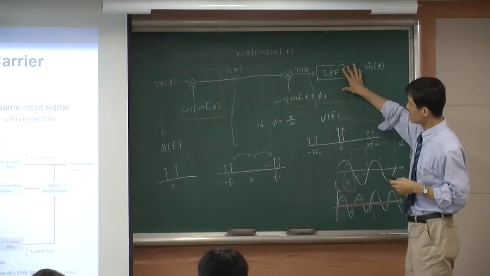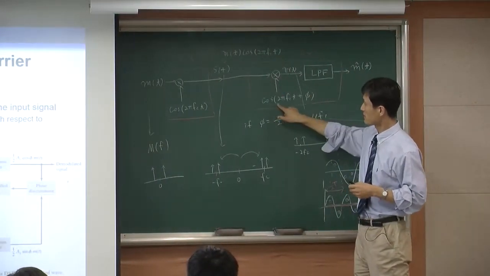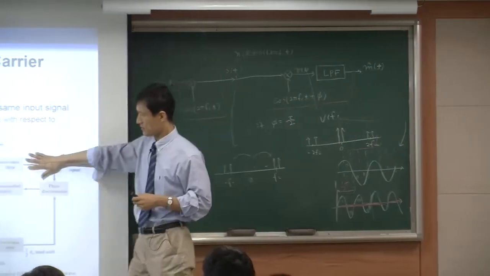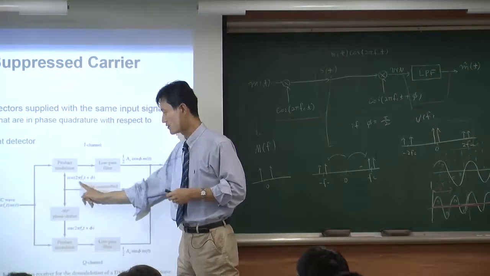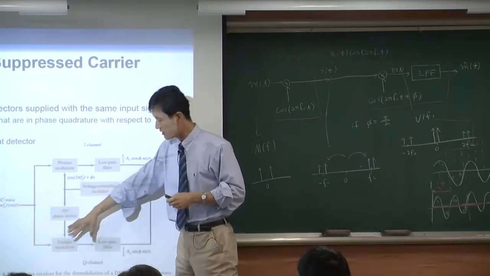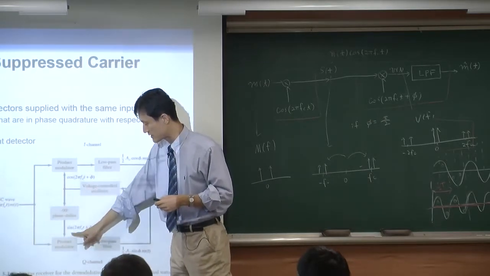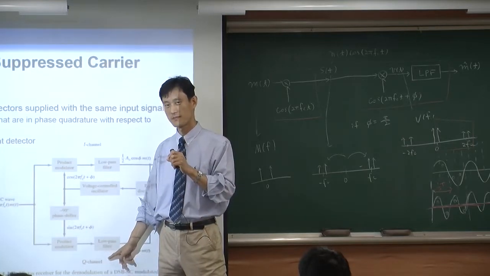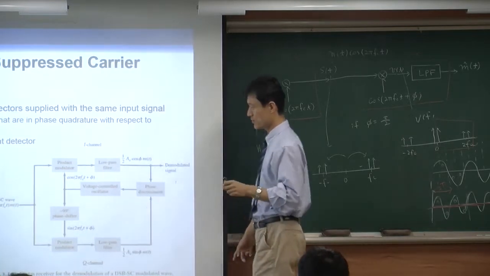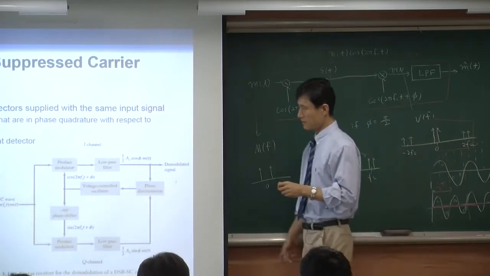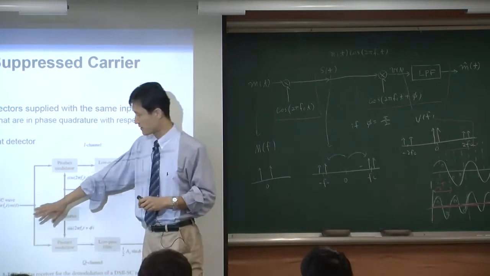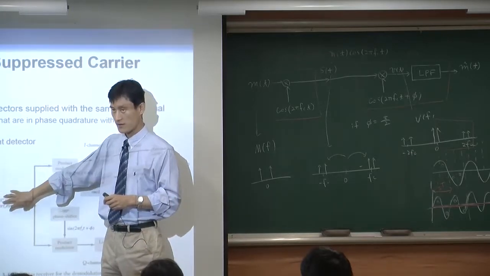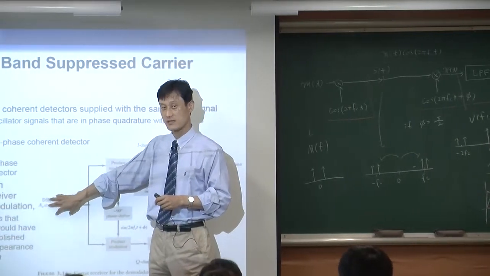So in our original receiver, you are multiplying a cosine carrier, right? Same here in the I channel, you are multiplying a cosine carrier. But in the quadrature phase, you are multiplying a sine carrier. That's the only difference. I'll tell you why we are doing it. But other than that, it's pretty much the same. Now let's say we are getting some signal here, S(t) in this case.